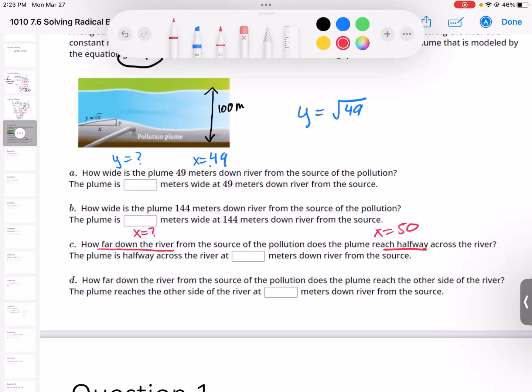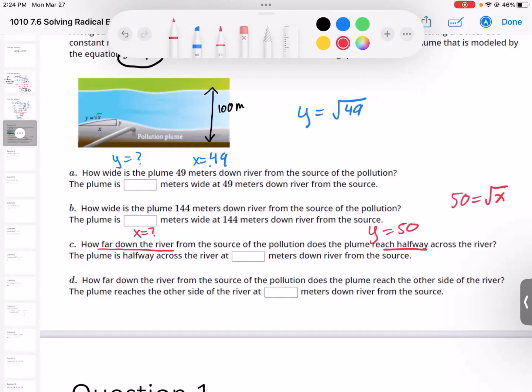Sorry, I meant y, not x. That should be y, because y is the distance across the river. And so you would say, okay, if y equals 50, I'm looking for x. The equation says that y equals the square root of x, and then you just solve that equation for x.